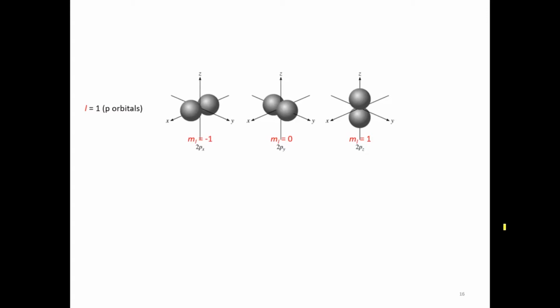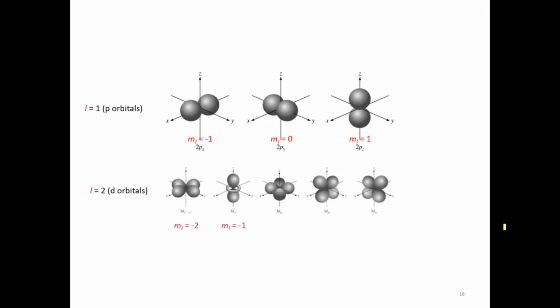Another thing is, if L equals 2, in other words, when you have d orbitals, now ML has 5 possible values: -2, -1, 0, +1, and +2. And these correspond to 5 possible orientations of the lobes, which, as you can see here for the d subshell, have different shapes.